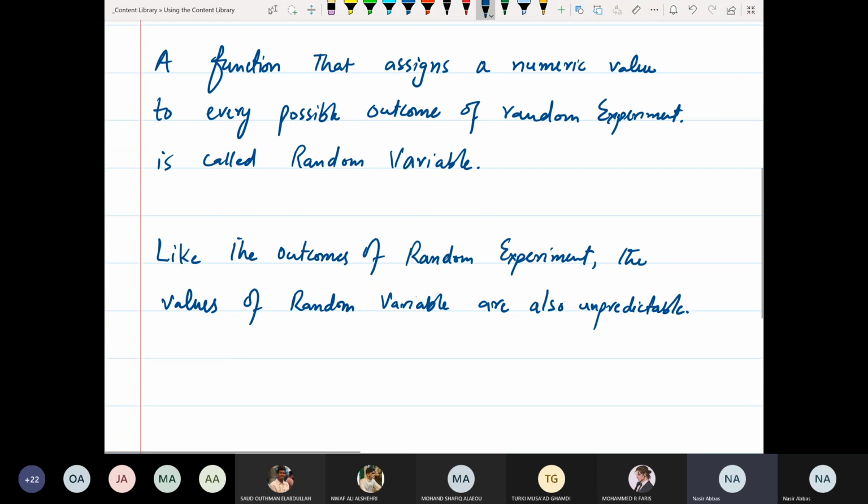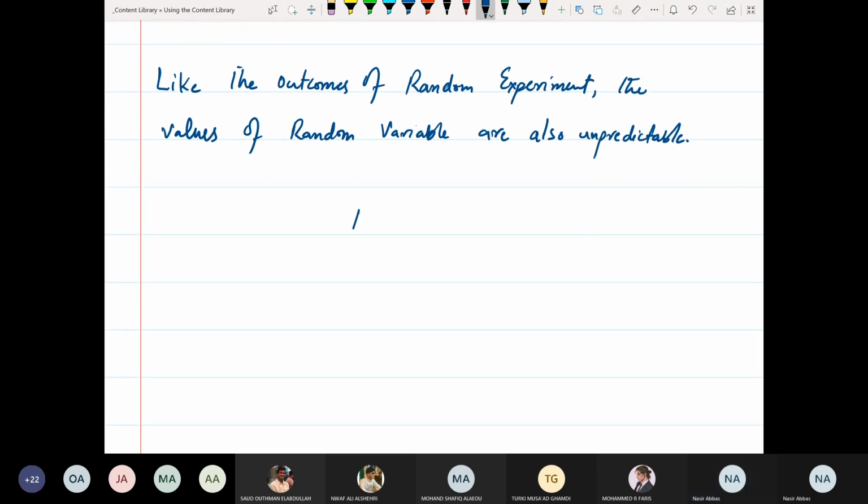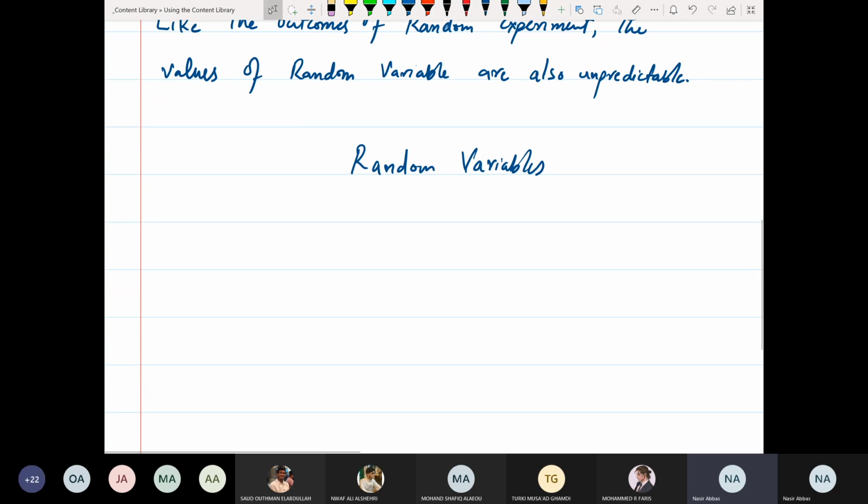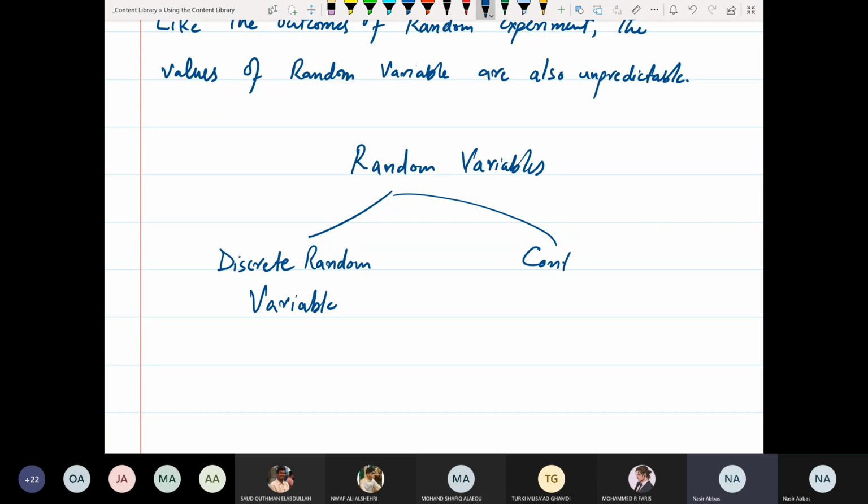Now, when you talk about the random variable, there are 2 types of random variables. In this course, we'll talk about these 2 types. There is one type that is the discrete random variable, and there is the second type that is called the continuous random variable.